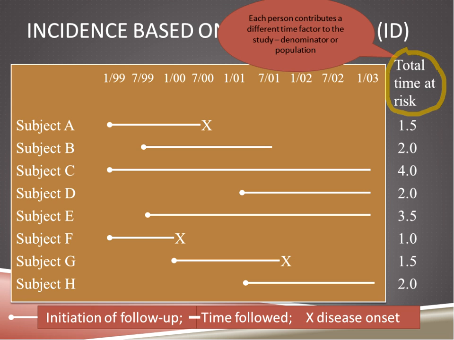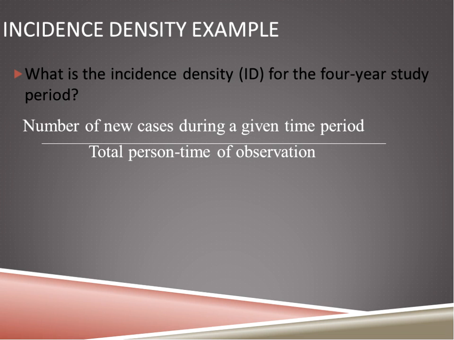So this person contributed 2 years, and this person contributed 1.5 years. And then we're able to use this data to calculate our incidence density.